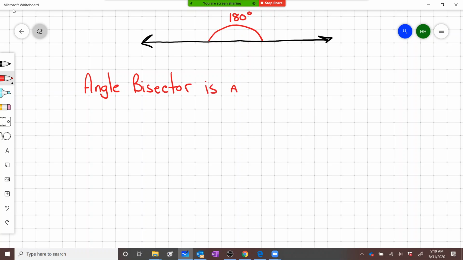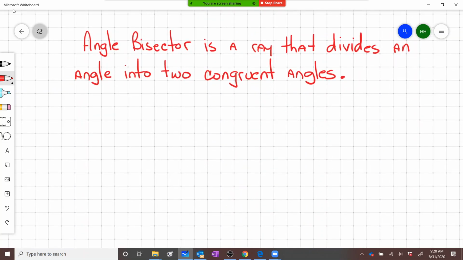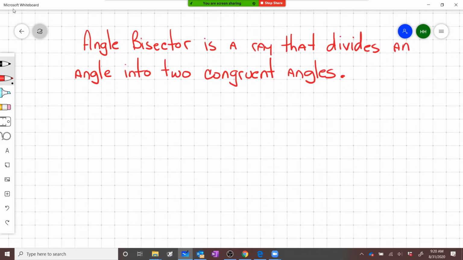An angle bisector is a ray that divides an angle into two congruent angles. Bisector, it bisects an angle, it splits it in half.